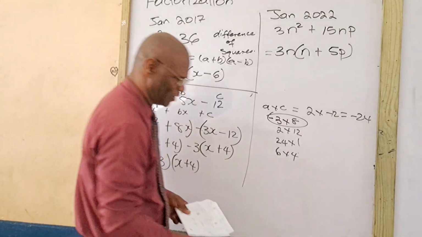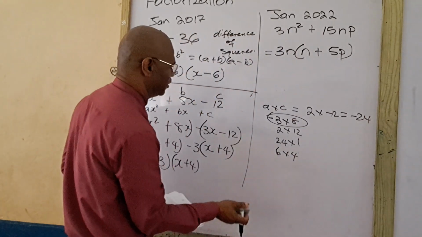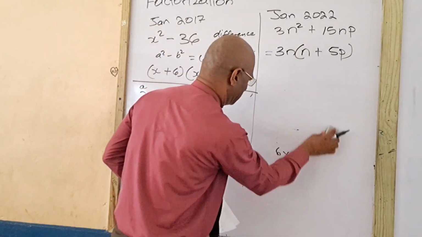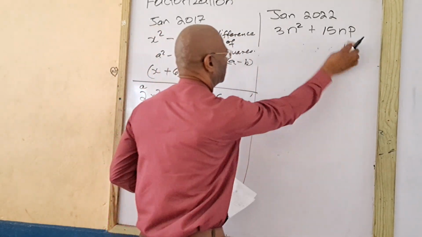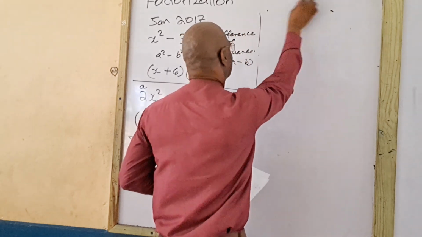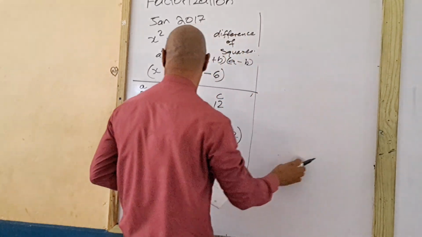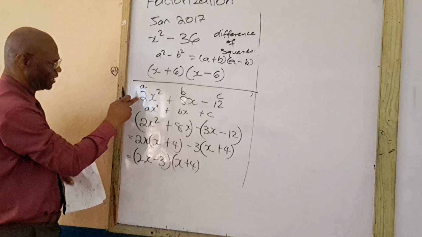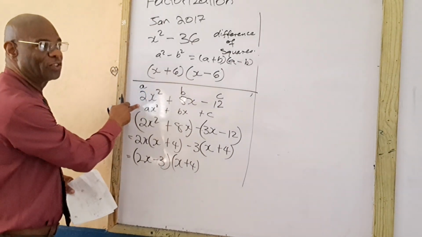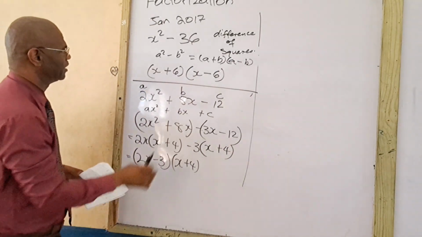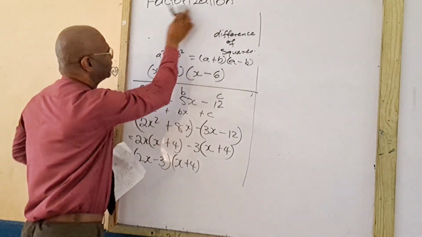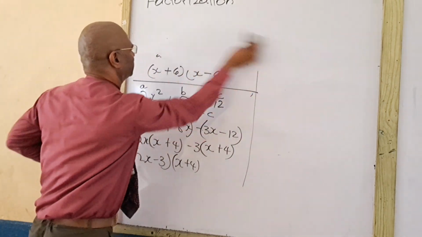Alright, so you know what? I want to do one of these quadratic expressions with the coefficient of x squared as 1. So let's erase this.